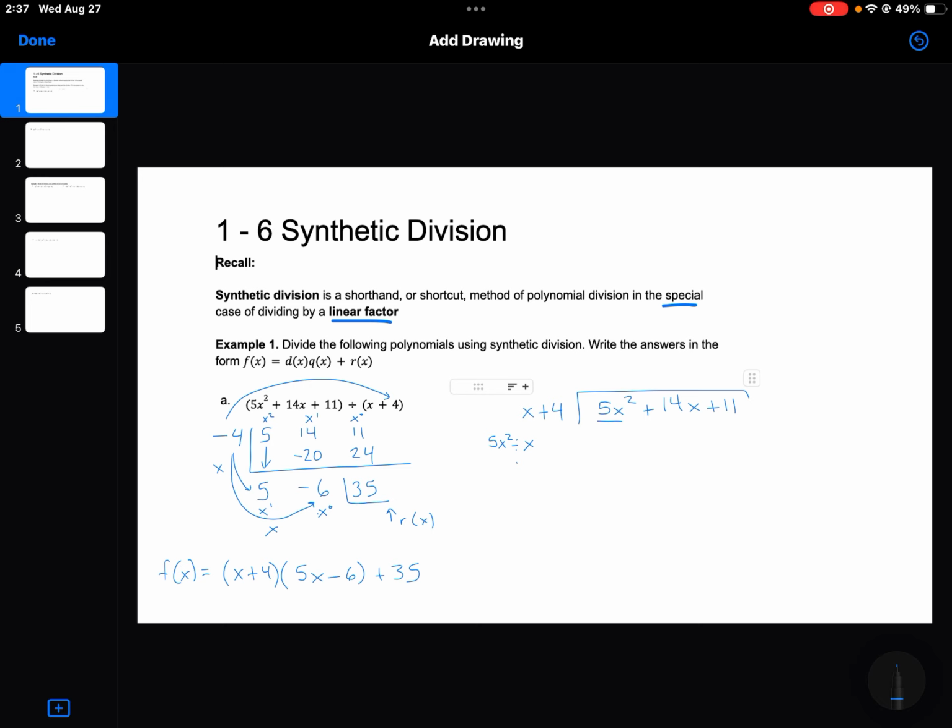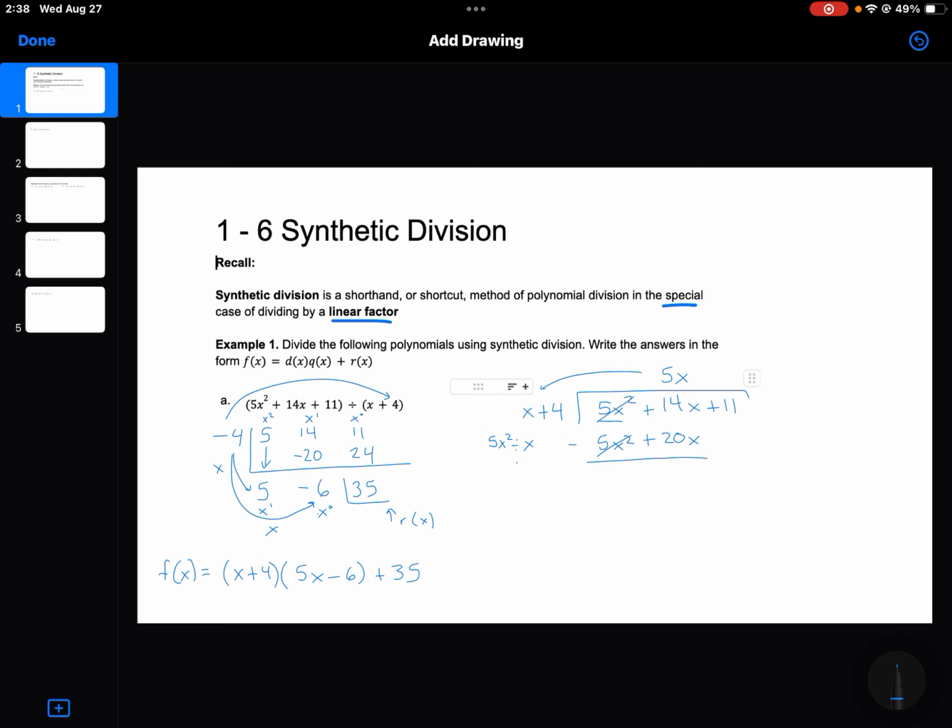So 5x squared divided by x is going to give me 5x. I write that on top of my long division bracket, and then I'm going to multiply through. So I've got 5x times x, which is 5x squared. 5x times 4 is 20x. And then I'm going to subtract those.